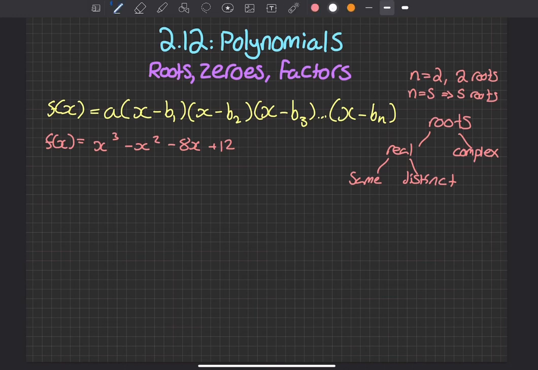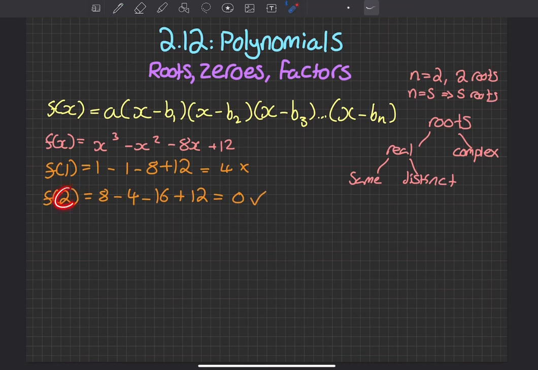Okay, so let's try first of all function of 1. That'll give us 1 minus 1 minus 8 plus 12, which would be 4. That's not what we're looking for, right? And function of 2 would be 8 minus 4 minus 16 plus 12, which is 0, right?